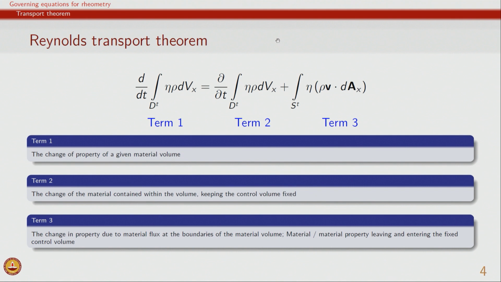So, based on this Reynolds transport theorem we can derive mass balance, linear momentum balance, angular momentum balance and energy balance. In the course on rheology we will use the angular momentum balance to show that the stress tensor is symmetric. So we will not solve angular momentum; we will use it always by saying that the stress tensor is symmetric.